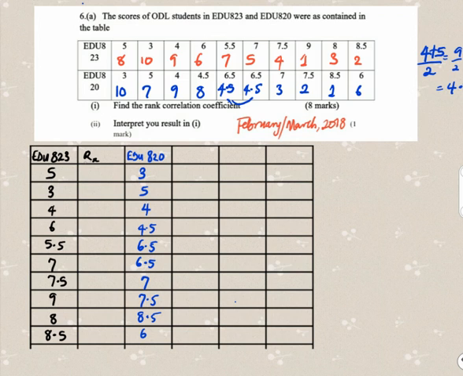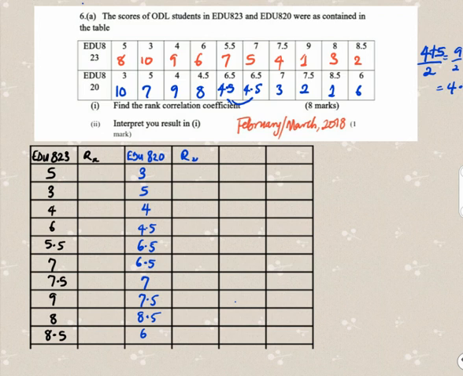So we have 5, 3, 4, 6, 5.5, 7.5, 9, 8, 8.5 all arranged here. Then we have that of EDU820 arranged here as well. So we're going to attach the rank now.